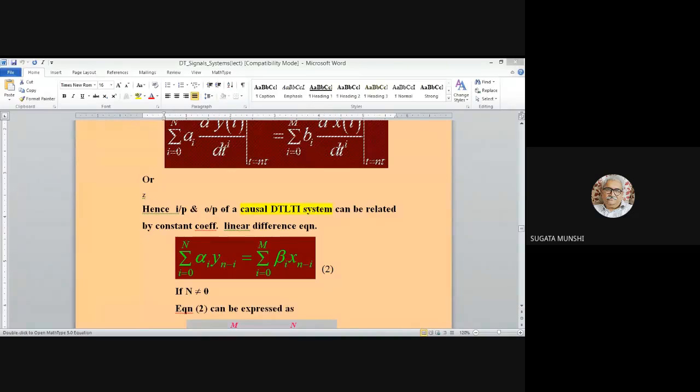There will be a summation, i equal to 0 to capital N. All right, then a_i will be there. After that, what will appear here?